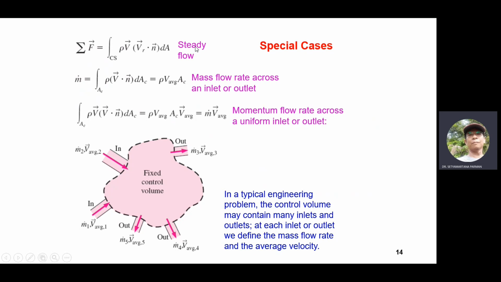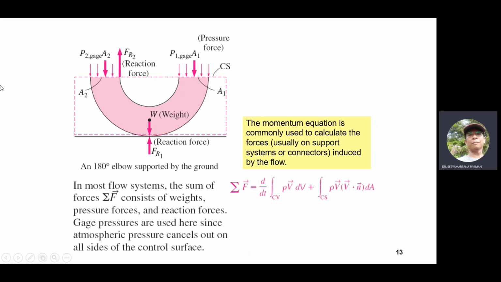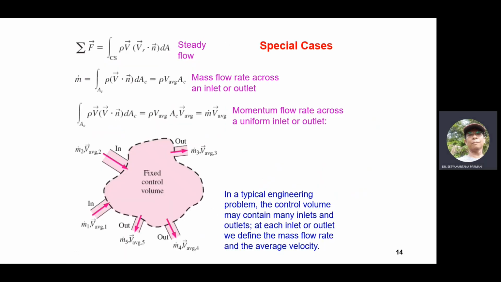If the flow is steady, the first term in the previous equation becomes 0. So the resultant of the forces equals only the integration over the whole control surface of rho V multiplied with the dot product V_r and dA.